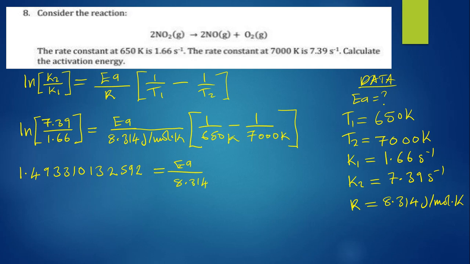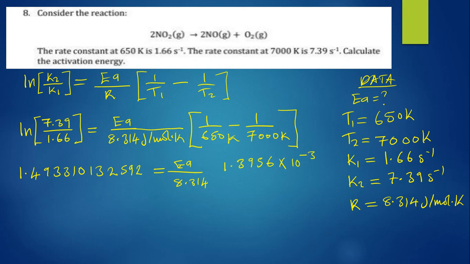And then on your calculator, if you punch 1 divided by 650 minus 1 divided by 7000, you will get something like 1.3956 times 10 to the power negative 3, like that.